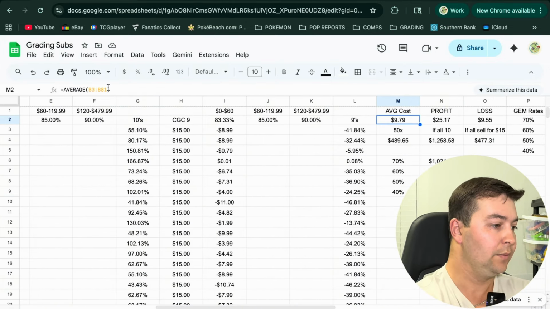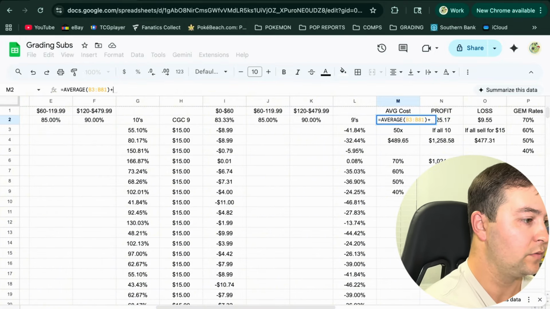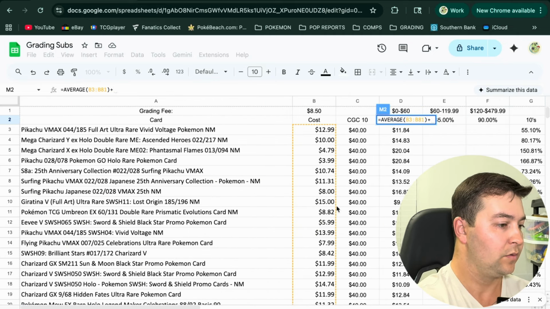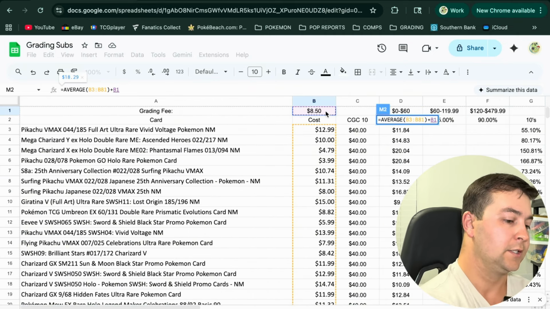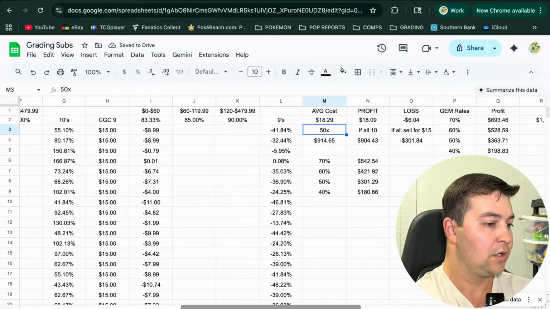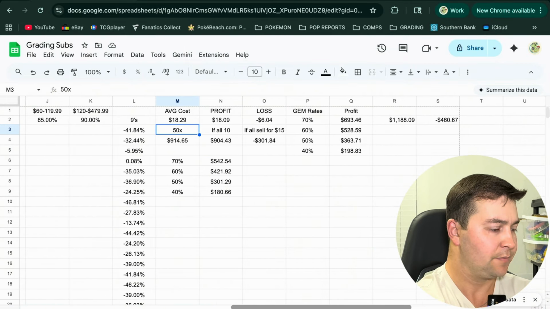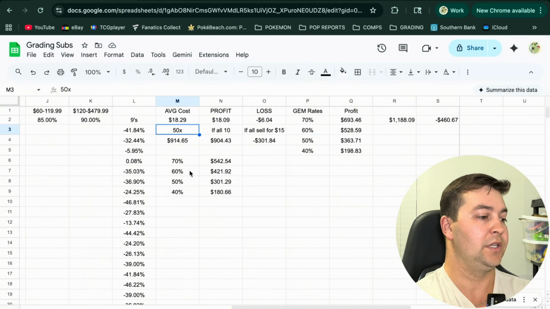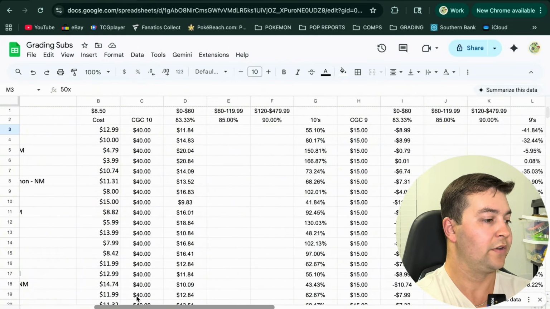So let me put that back in there because this is going to help our numbers in my equations that I have down below. Alright. The reason I put that in there is because I need to include the grading fee being subtracted from these totals, like if I was going to make some profit on these cards.